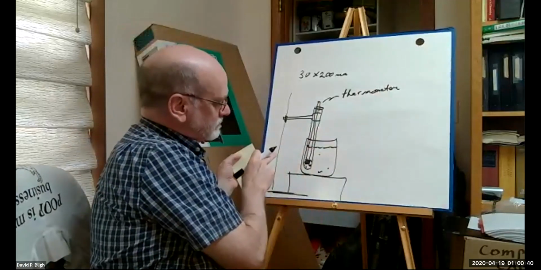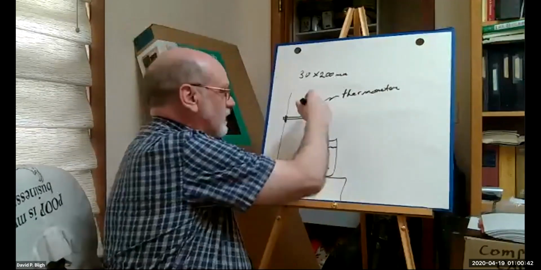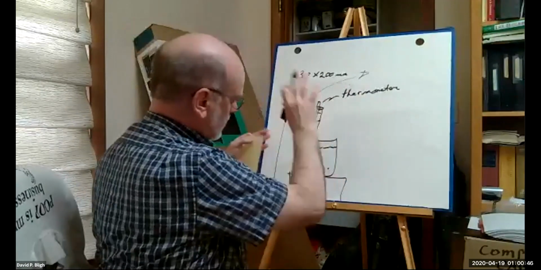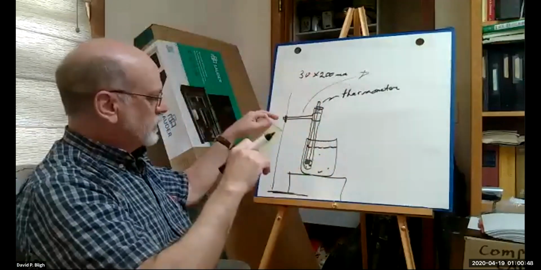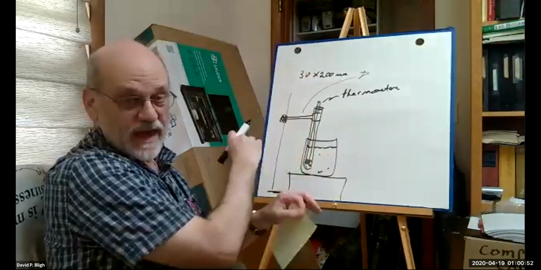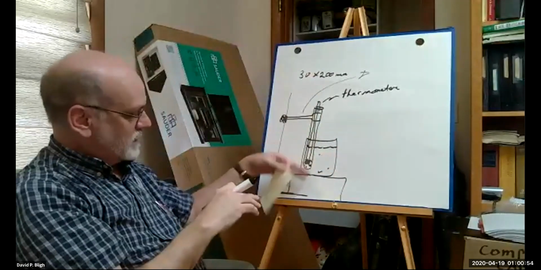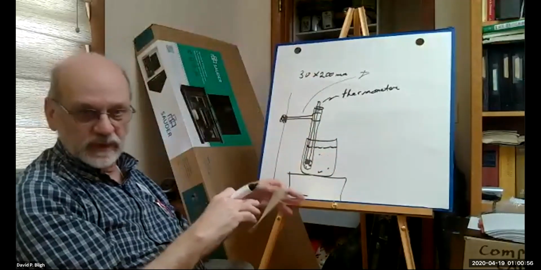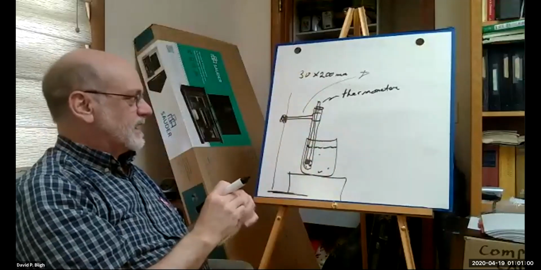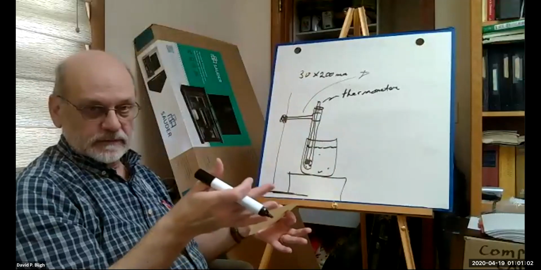And then you pull it out, pull the whole thing out. And usually you just loosen the screw here and swing it around out of the heat plume that's coming up from your boiling water bath. And then you measure the temperature.